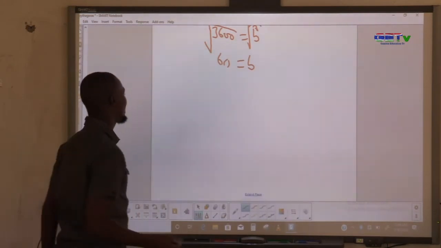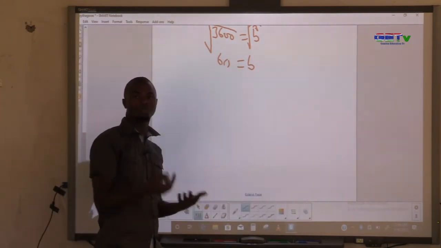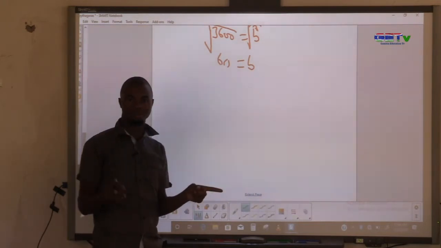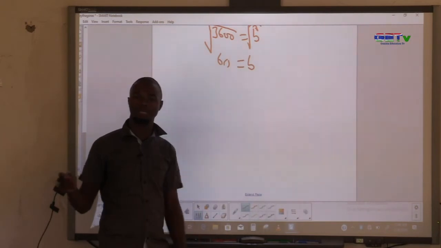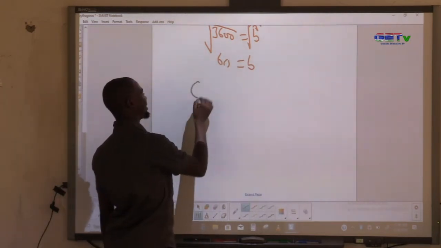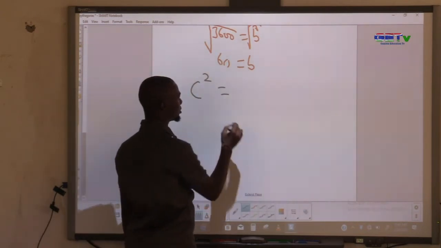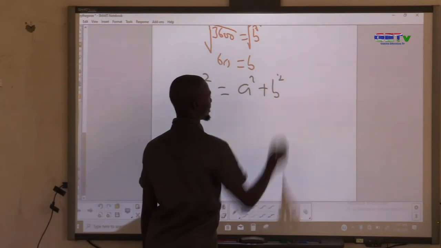We know two sides completely on the big right angle triangle, that is triangle PQR. So the formula is C square is equals to A square plus B square.